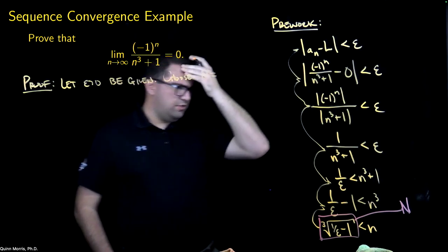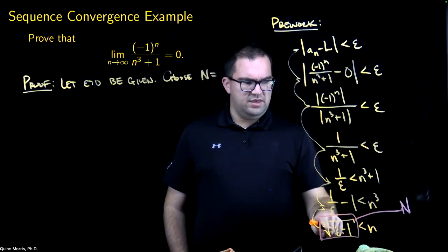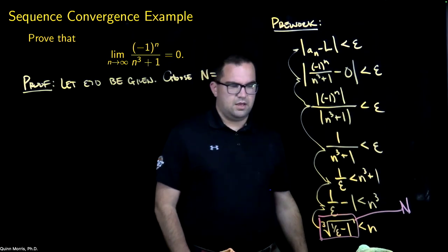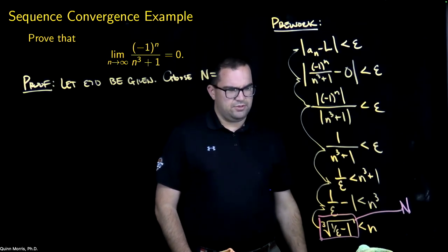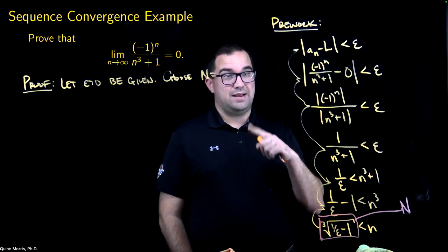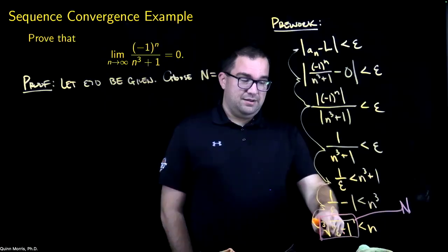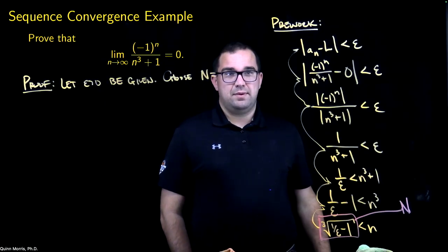Now, here's another place I'm going to run into a problem, which is this capital N for any particular epsilon. Well, a couple of things. One, it's not guaranteed to be a natural number. And if you go back to that definition, my capital N was supposed to be a natural number. And also, it's not even guaranteed to be positive.